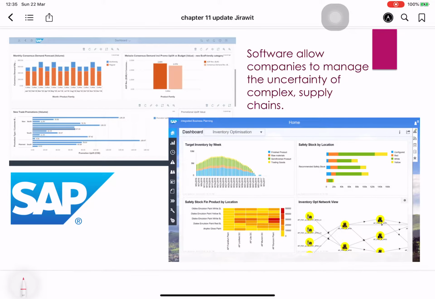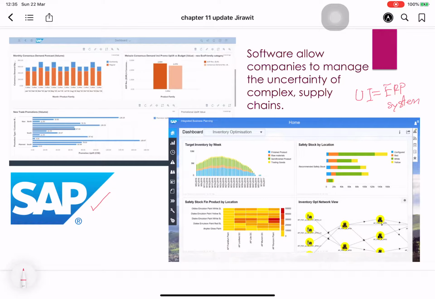This is the UI, user interface, that you can see about the ERP system. Okay, and this is the most popular that we use, the SAP.